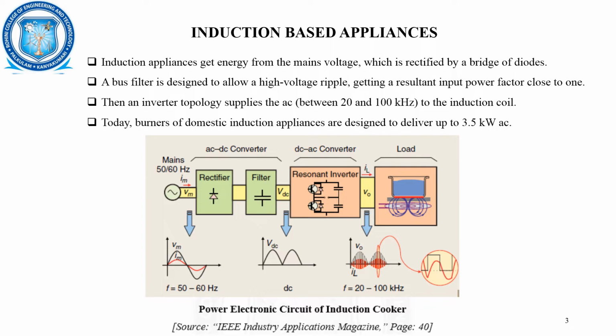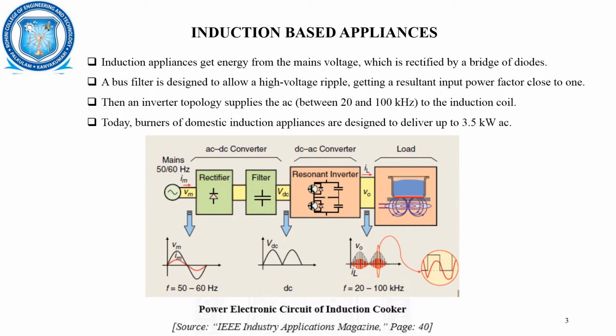So when the frequency is increased, the induction cooker will effectively provide heating which will be uniform as well as intense. Here the bus filter is designed to allow high voltage ripple and thus get a resultant input power factor close to 1. A power factor equal to 1 is satisfactory, also for the electricity board.